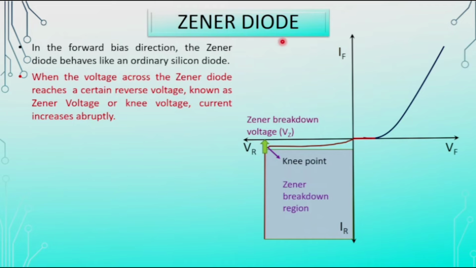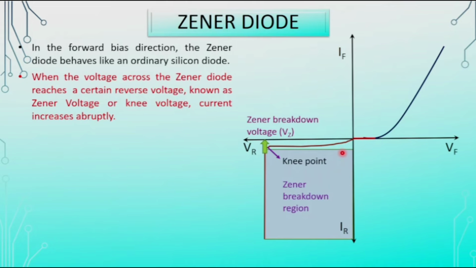Zener diodes are specifically designed to work in this region. This means the voltage across the Zener diode should be Vz, and the current can be any value rising from the minimum value to the maximum value. Within this current range, the voltage remains constant at Vz.